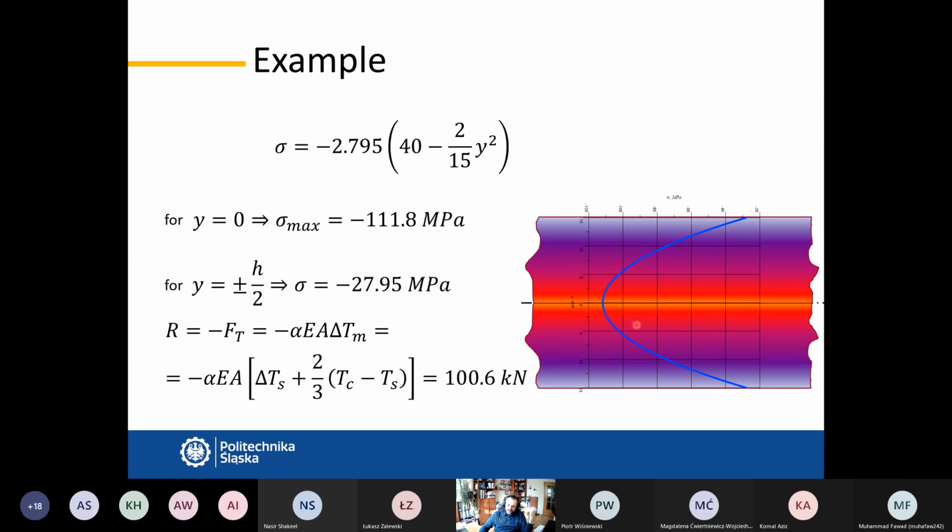So this extension would produce tensile stresses close to the surface, and the external part would produce compressive stresses inside the material. So there would be different signs in the distributions of stress in the material. Okay.